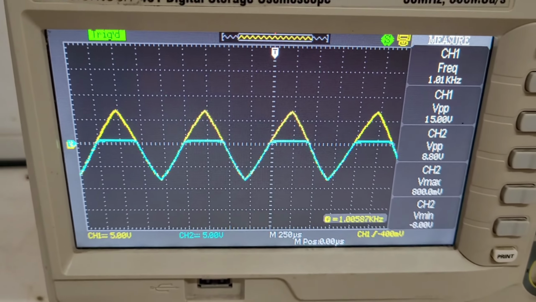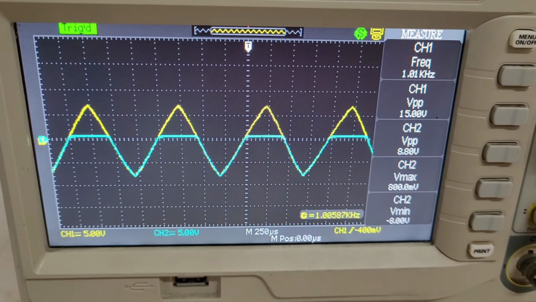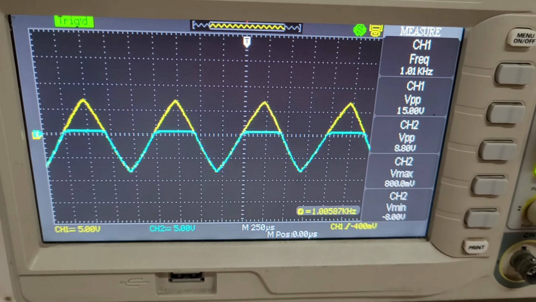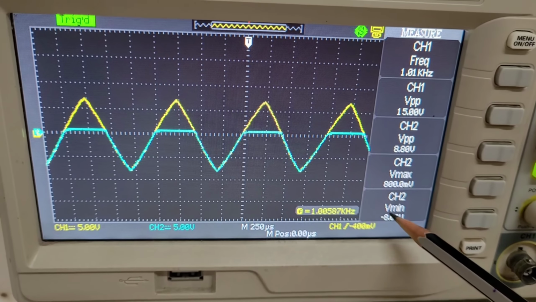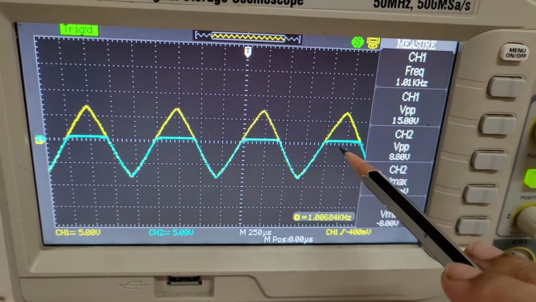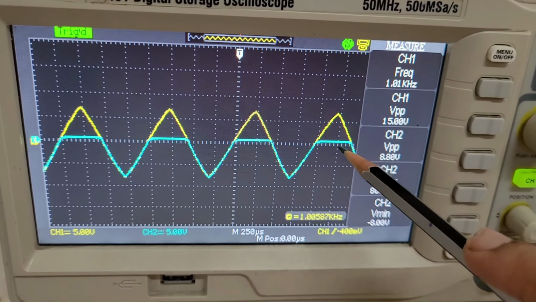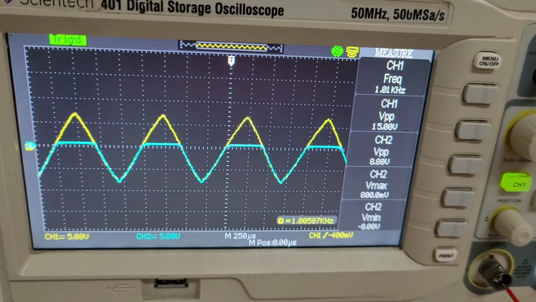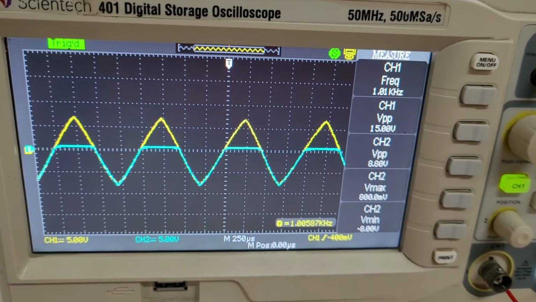As we can see, channel 2 Vmax, which is our output, is coming around 800 millivolt, that is 0 volt, and channel 2 V minimum is minus 8 volt. Here it is 0 and here it is minus 8 volt. In this way it is clipping of the positive portions. So the name shunt positive clipper.